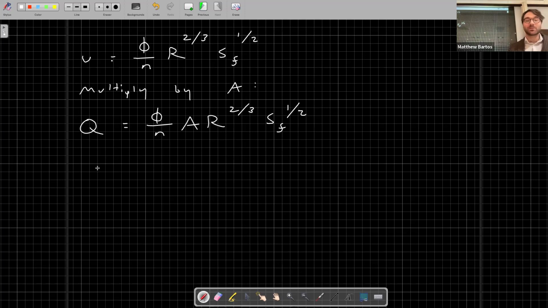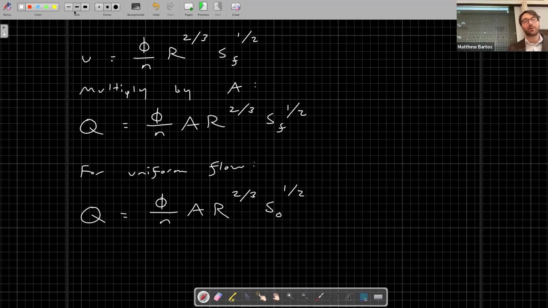So we can take this expression for Manning's equation and rewrite it for uniform flow. This becomes discharge is equal to phi divided by n times the cross-sectional area times the hydraulic radius to the 2/3 power times the bottom slope to the 1/2 power.